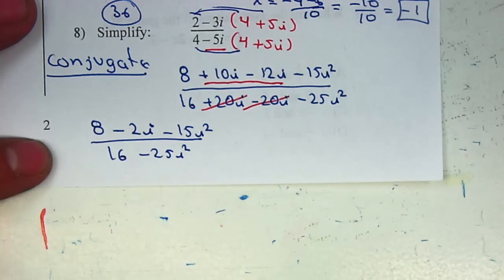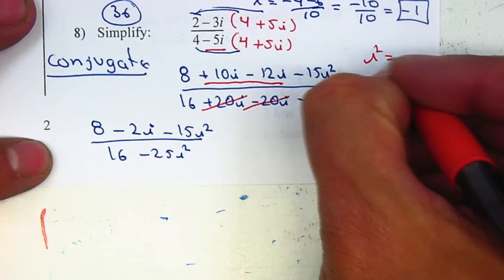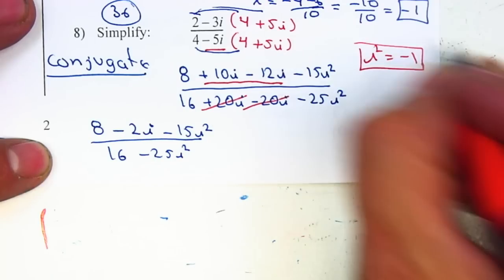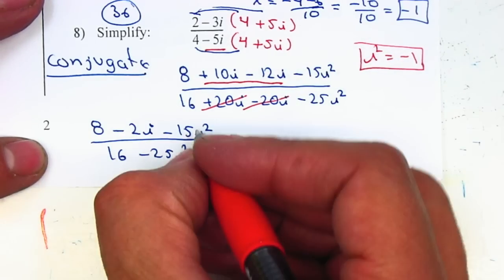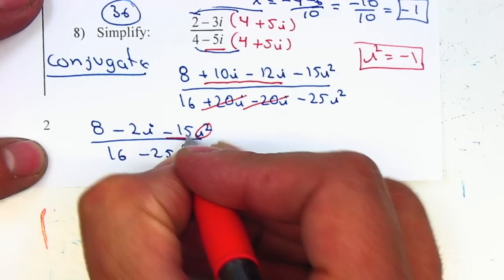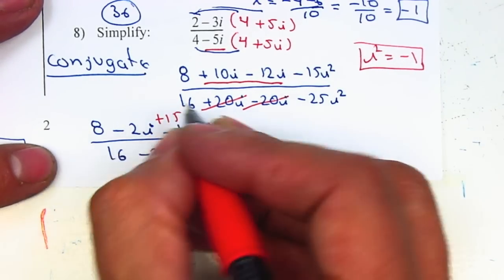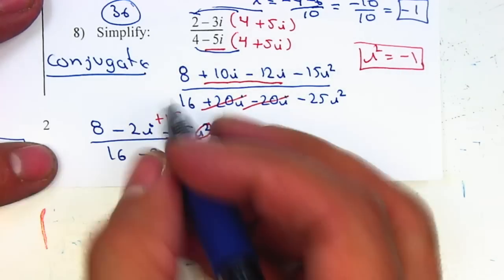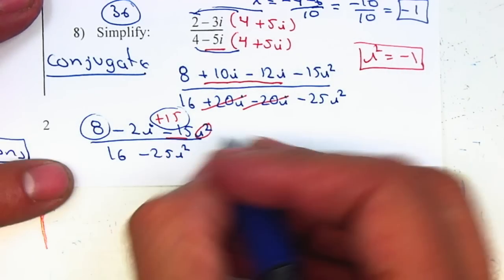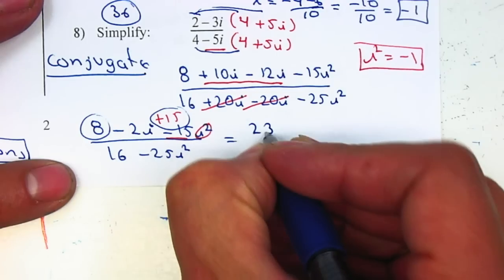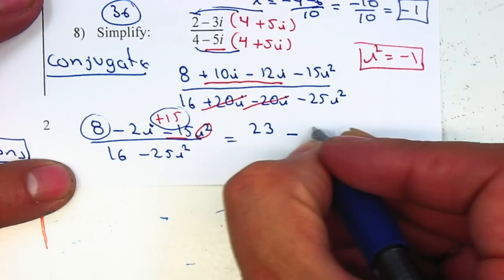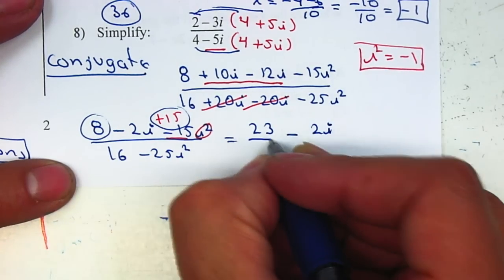Now, you have to memorize or remember that i squared is equal to negative 1. Therefore, negative 1 times negative 15 becomes a positive 15. And I'm going to combine like terms with the 8. That is 23 minus 2i over.